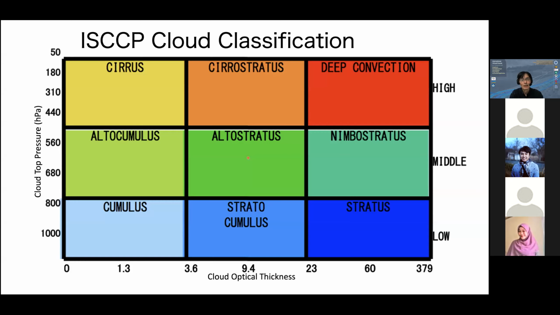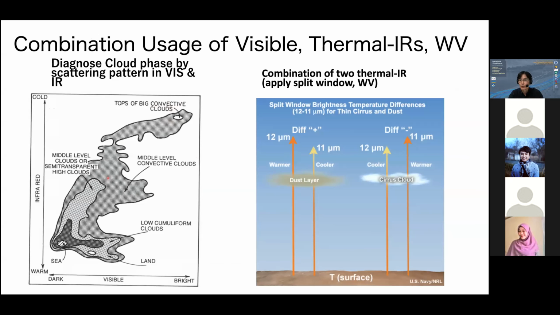ISCCP is the International Satellite Cloud Climatology Project. It is based on satellite data, monitoring the cloud type quantitatively, and the same principle is utilized.